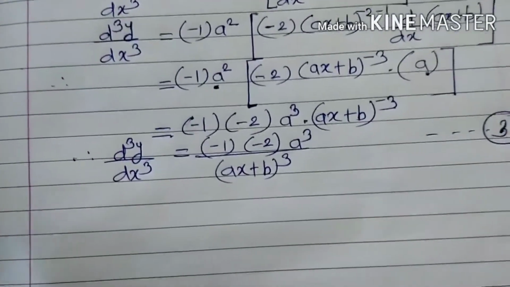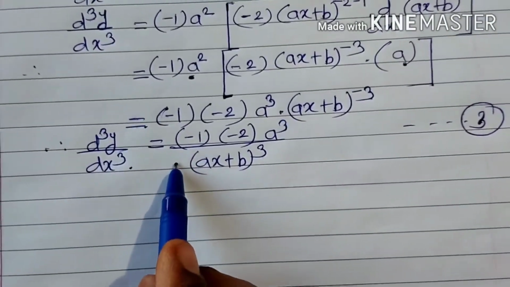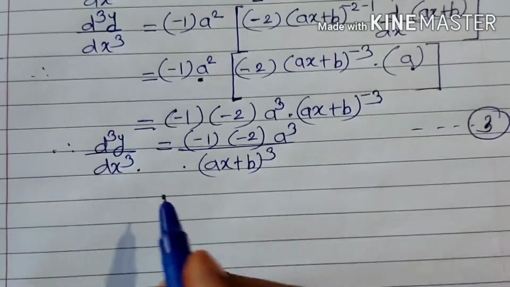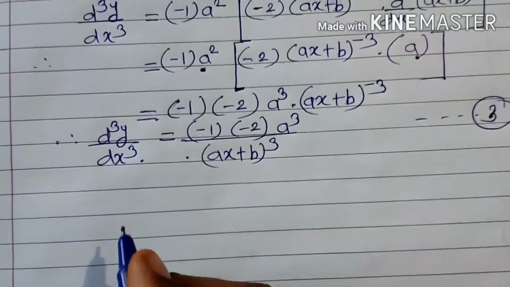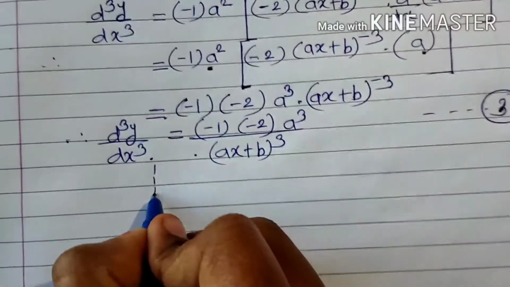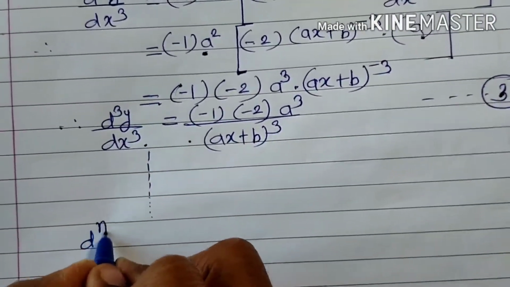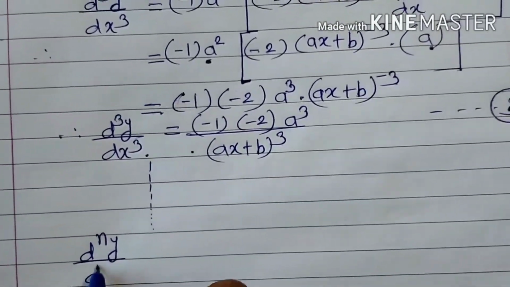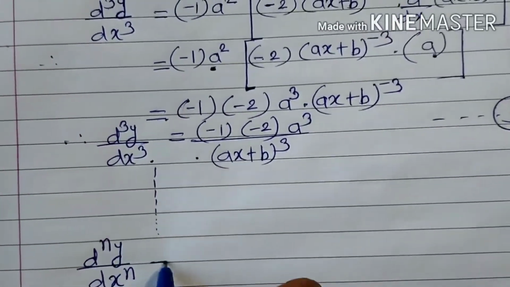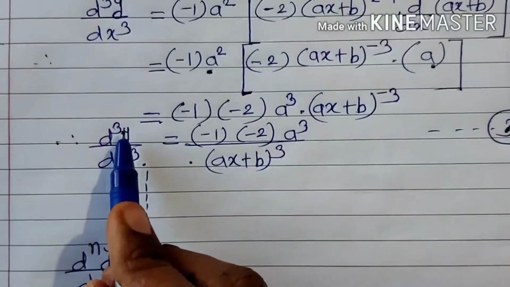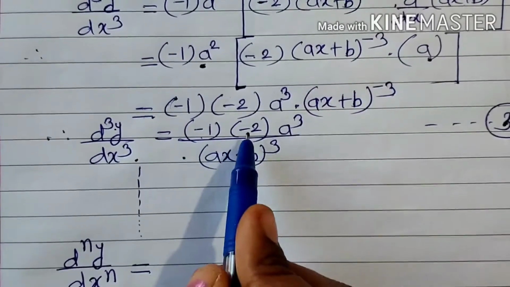Now you can observe equation 1, equation 2, equation 3 and then generalize nth order derivative like that. d raised to n y upon dx raised to n is equal to, you can observe when there is 3 then here minus 1 minus 2.